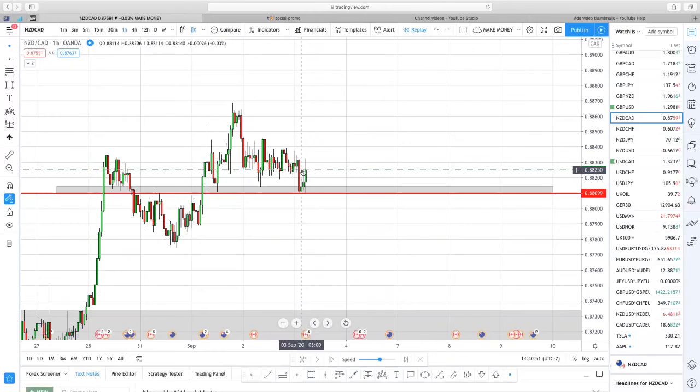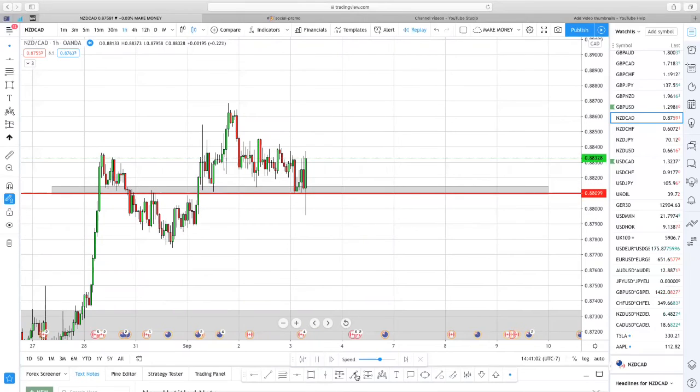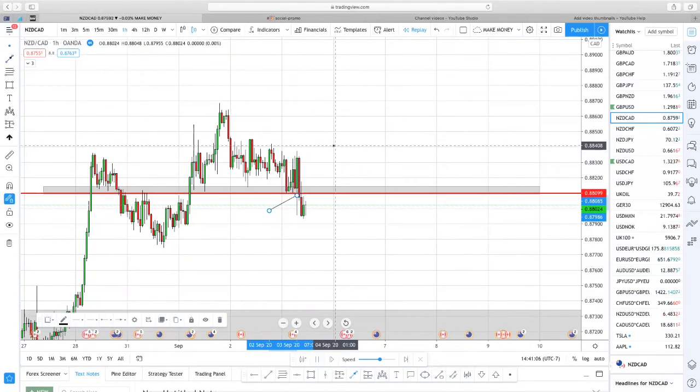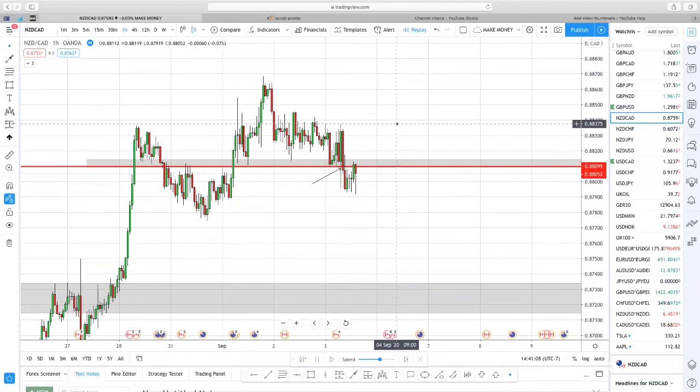You can enter a sell stop. You're anticipating price is going to come down through your entry point. As soon as it comes down, you will be entered into the trade. So as price is coming down, you're entered into the trade right here as price is playing out.